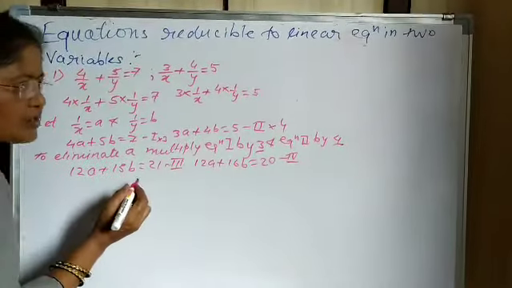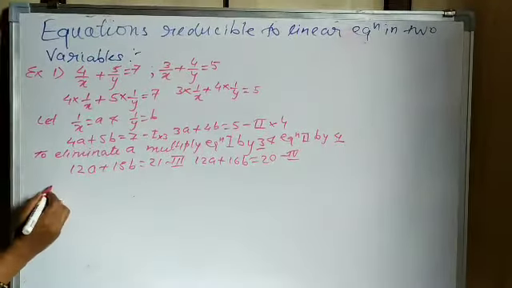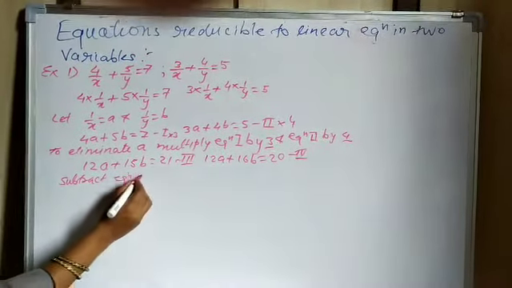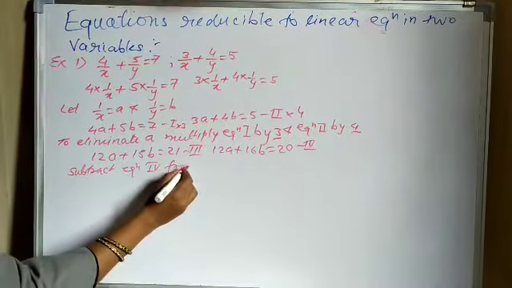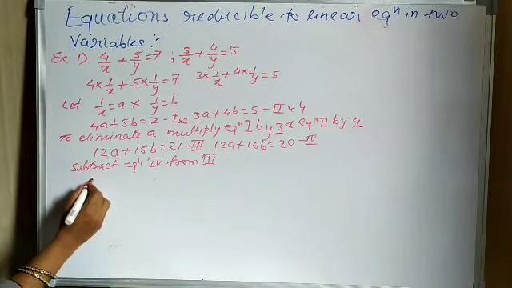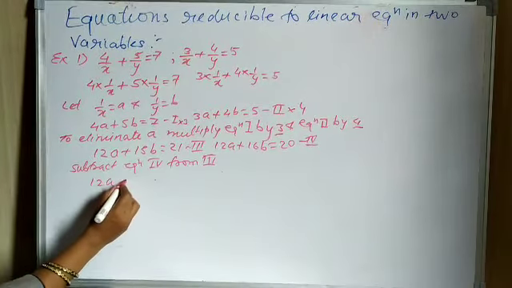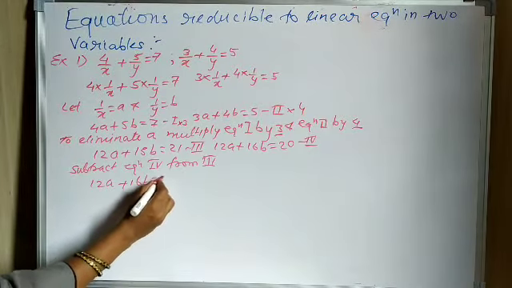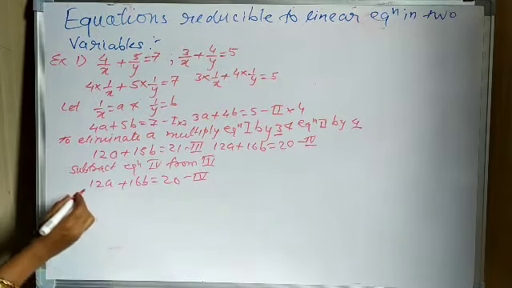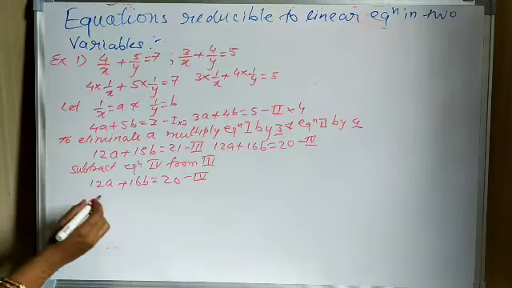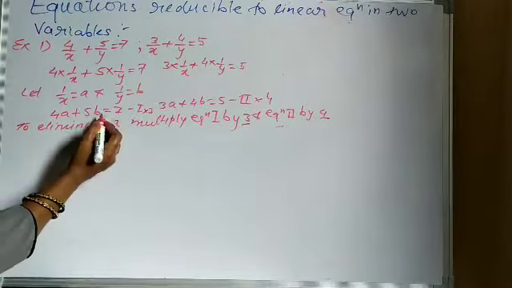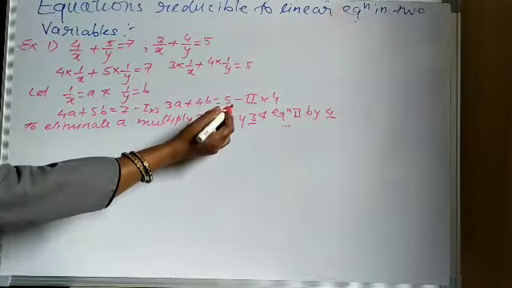Now subtract equation 4 from 3. To eliminate a, multiply equation 1 by 3 and equation 2 by 4.